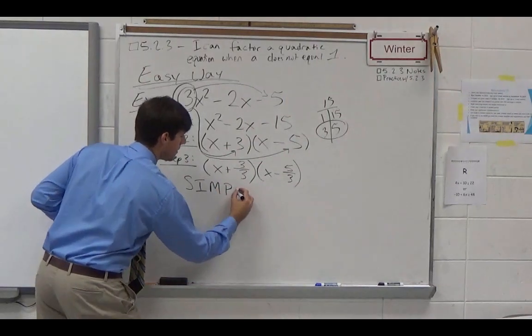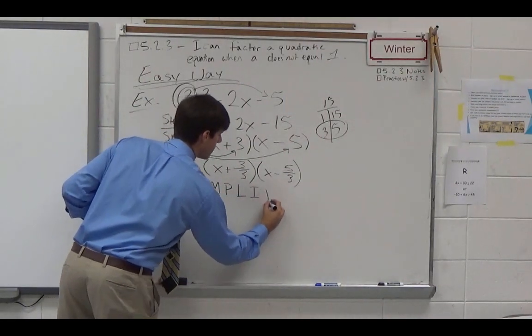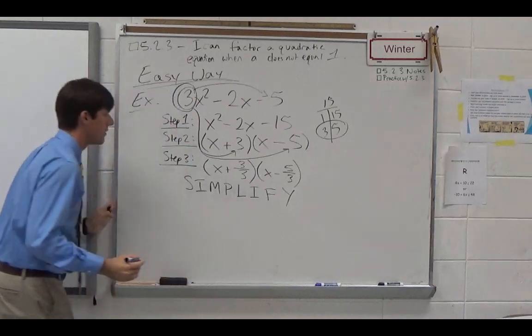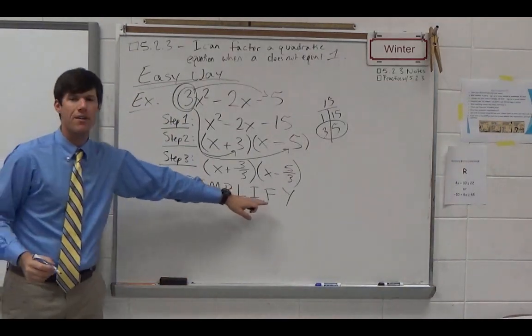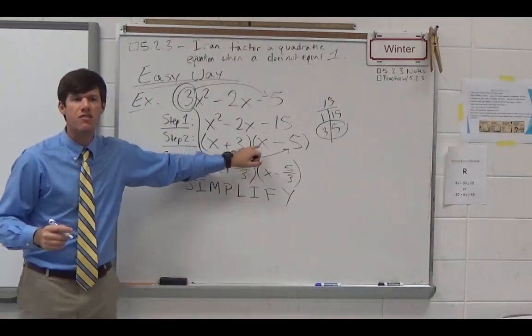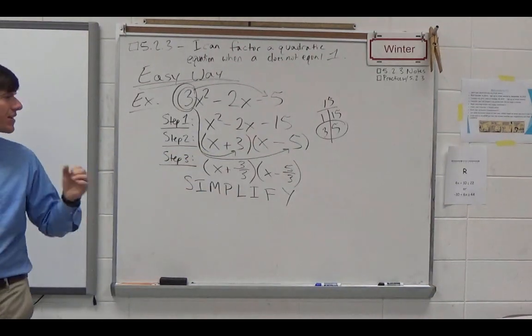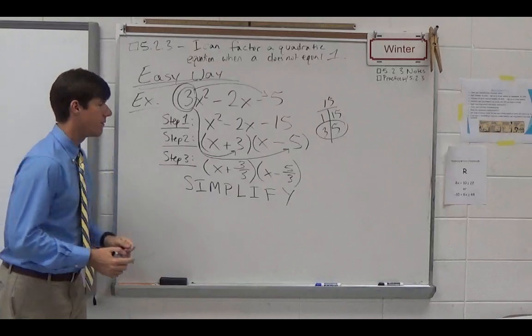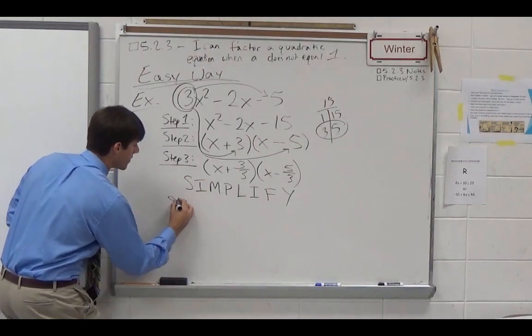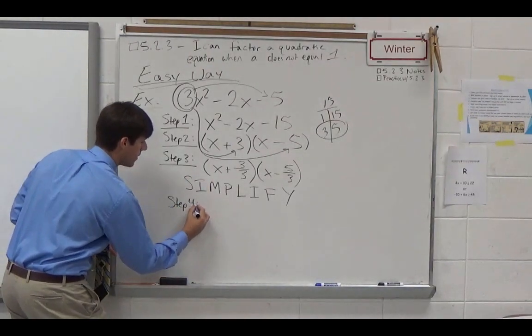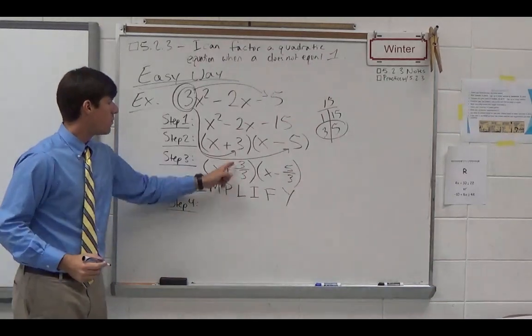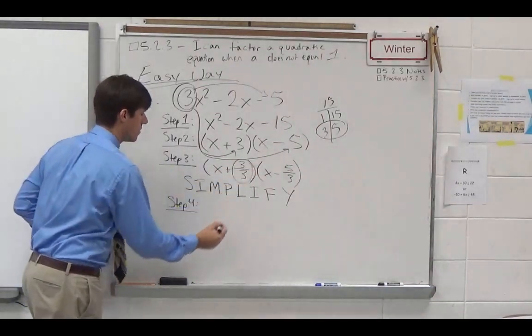Okay? So, here's a very big step, and we're going to write this very big. Simplify. We have to look at these fractions and we have to simplify them. We've got to see what they have in common and simplify. So, step 4 is finally simplify. Let's see where I'm at. What does 3 and 3 reduce to? 1.